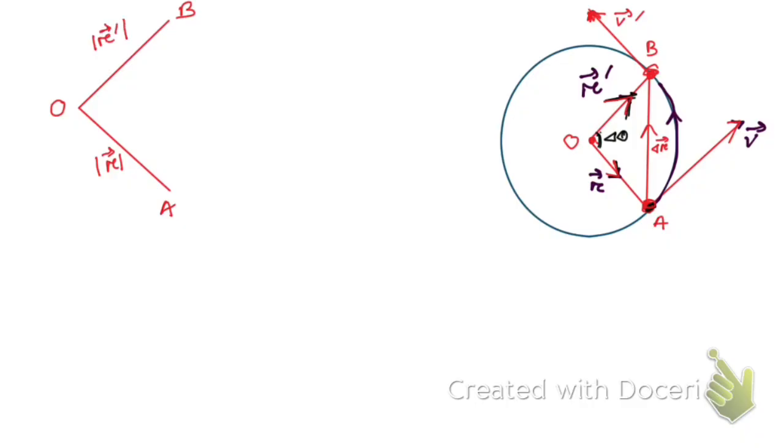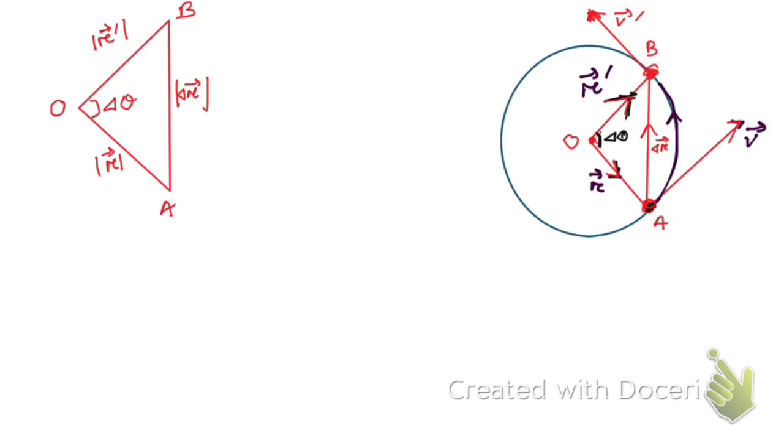And if you join this, it gives you the change in position, the magnitude of this displacement vector del r. Now let me consider this angle is theta. We have already considered that this angle is theta.